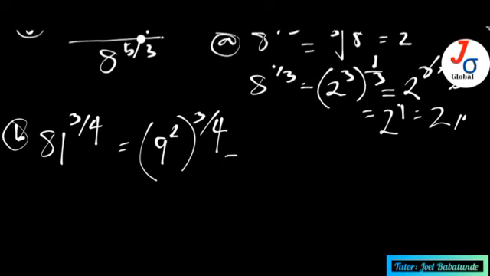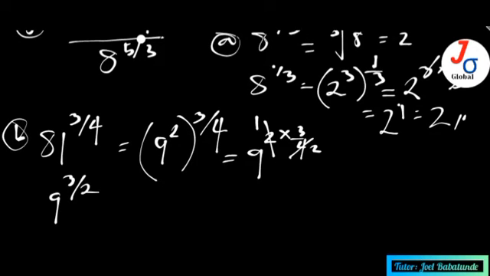So I can write this as 9 raised to the power of 2 multiplied by 3/4, and so we have 9 to the power of 3/2.